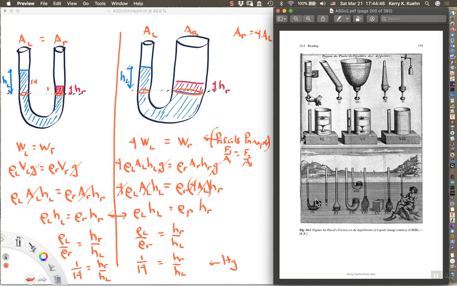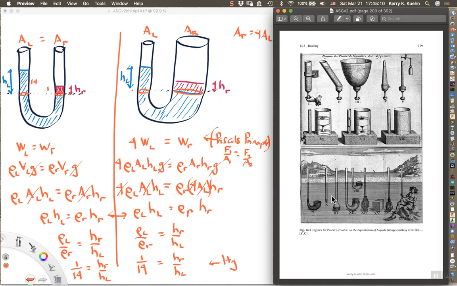And here we have, let's suppose we had 14 feet of water weighing down. Then we would have 1 foot of mercury right here above this level, because 1 foot of mercury balances 14 feet of water. That's what he's demonstrating right here. It doesn't matter whether it's curved or not. We could have a tube right here, and we have some mercury in the bottom.